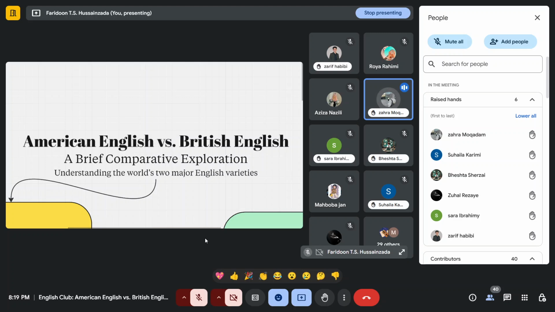And about grammar, we have some differences as well. In American English, it's more common to say gotten, but in British English, as I have seen in many texts, books, and movies, they say got, not gotten. Yeah, this was all from my side.